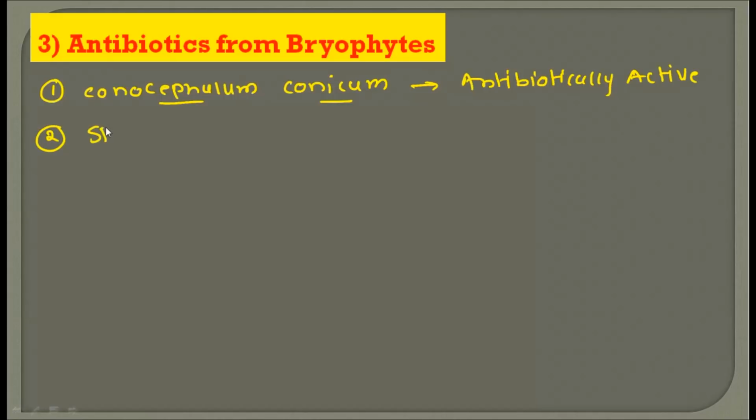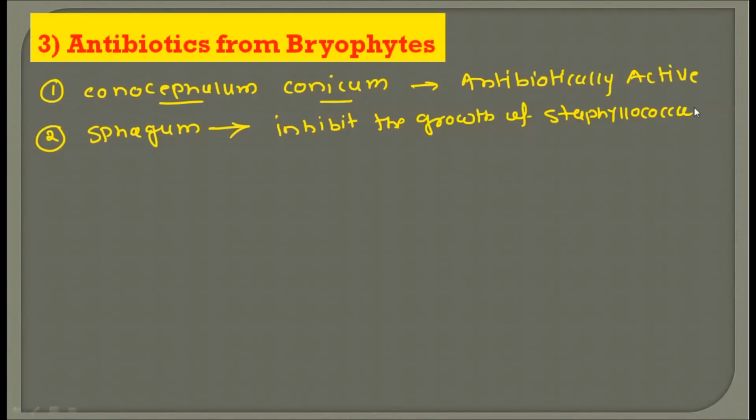Again, we have in the list the sphagnum, which inhibits the growth of Staphylococcus aureus and Pseudomonas species. That is why the sphagnum is also called an antibiotically active bryophyte.